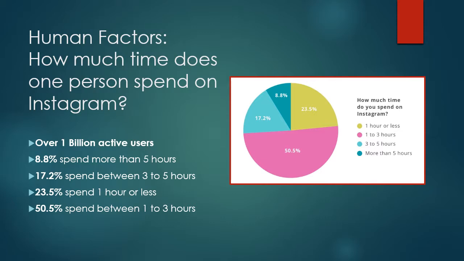Those are your people who are quote unquote Insta famous, the people who need to invest that time on Instagram, posting, sharing, commenting, and communicating with their followers in order to make money, because they're providing ad revenue and making money off ad revenue. So if you look at that, 17.2% spend between 3 to 5 hours, it's considerable. It's almost a fifth. And then, like I said before, a quarter of the users spend an hour or less.